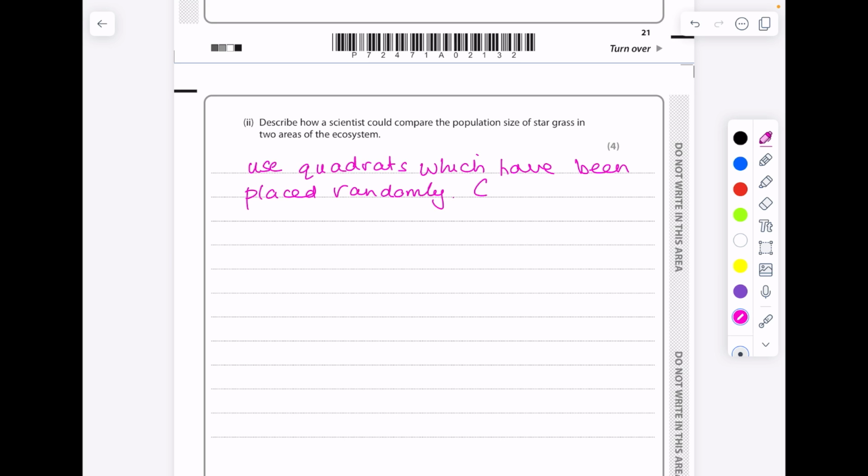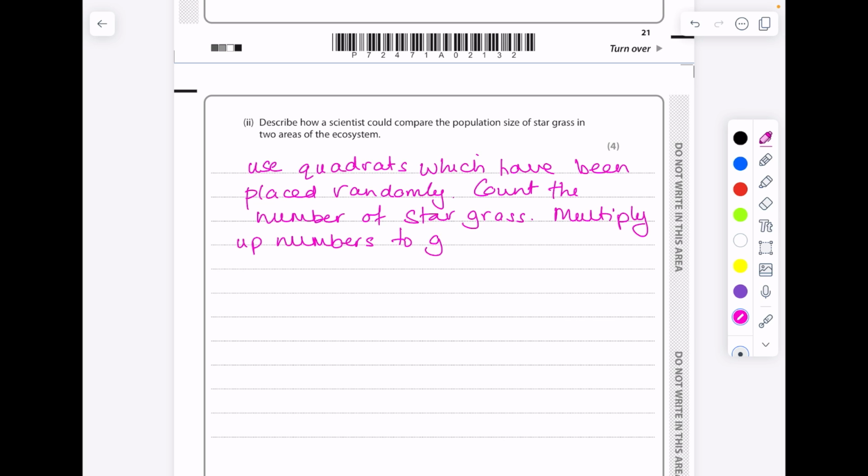Then your next step is to count the number of stargrass and then multiply up your numbers to gain an estimate for both areas. And always repeat and calculate an average.